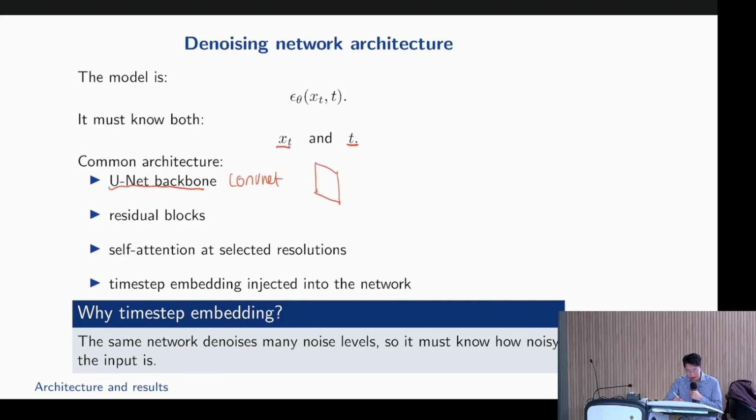I'll draw the activations, which is 3 channels, right? And you keep shrinking the image, but compensate for that by using more channels. So this is conv1, conv n. This is the convolution part.